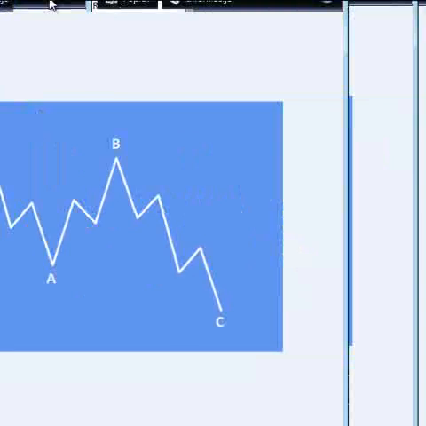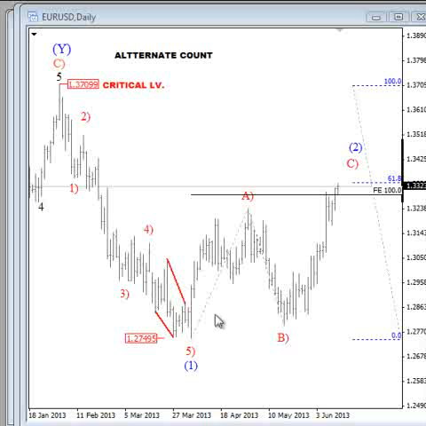Our clients will know that we recognized and even called the end of wave 5 of wave 1 right here, when the market reversed sharply to the upside on an intraday basis, and since then you can see that the market is moving higher.